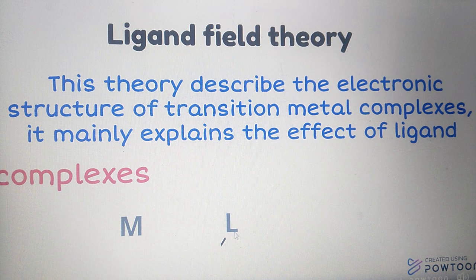Ligands are those chemical species which can donate electrons to the metal atom or ion and act as a Lewis base. We represent the complex with an arrow whose head is toward the metal atom and tail is toward the ligand.